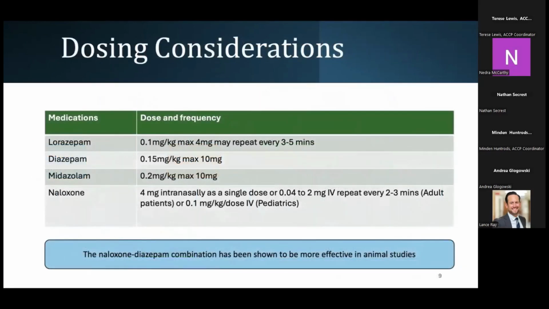Here I list some dosing recommendations of the benzodiazepines that you would often use if persons are presenting with seizures after tramadol overdose or ingestion with concomitant serotonergic medications, and the dose here for naloxone. The best combination has been seen with the naloxone and diazepam combination, as this has been shown to be more effective in animal studies.